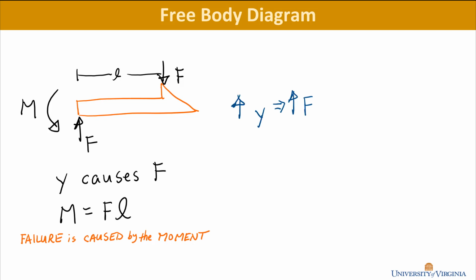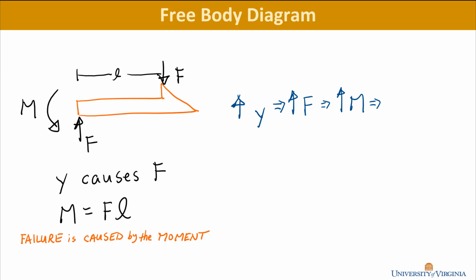And if you increase the amount of deflection, you're going to have a larger amount of force acting on the snap fit material. As you increase the amount of force, we can see from the equation at the bottom, the moment equals force times length, you're going to have a greater moment.